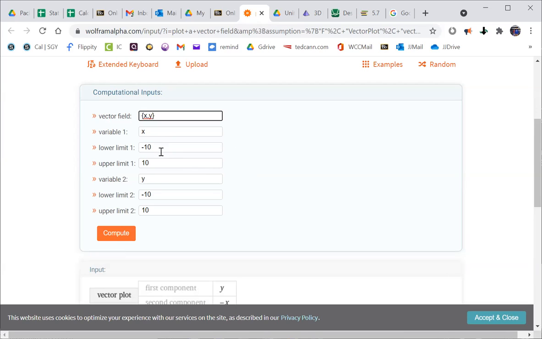Variable 1 is X, variable 2 is Y, multivariable, so whatever the two variables are, it doesn't have to be in the order indicated. Lower limit and upper limit would be related to the domain of the graph that you want produced. If you only want it to go from -1 to 1, then tell Wolfram Alpha to go from -1 to 1, right?